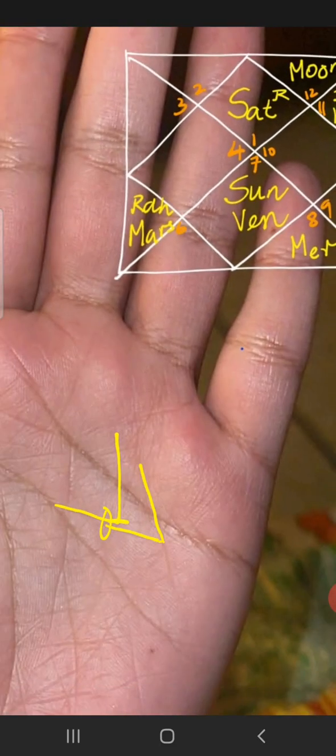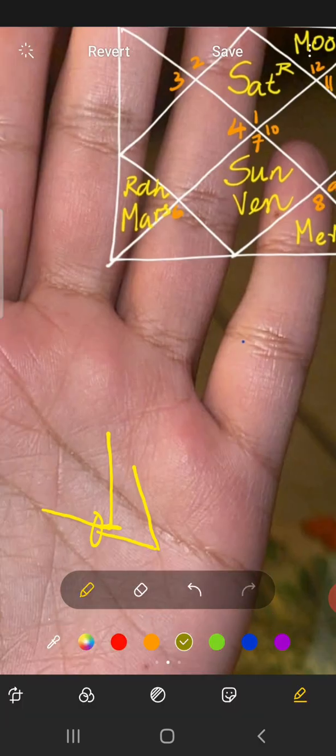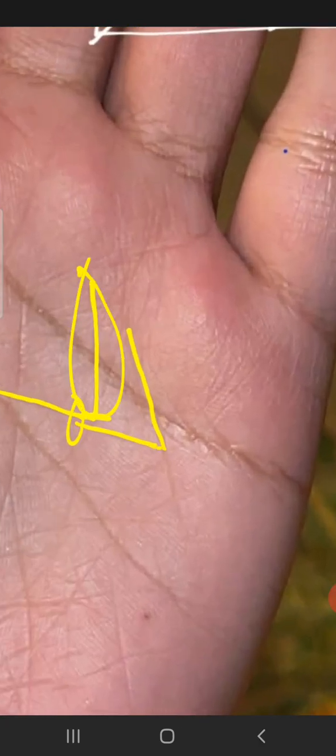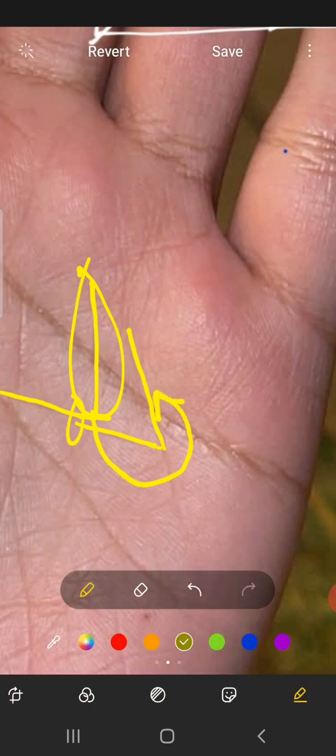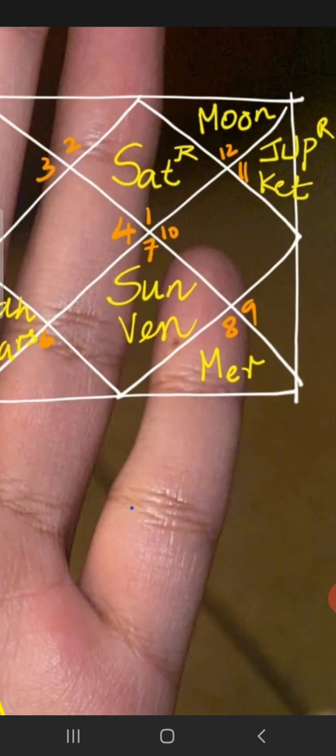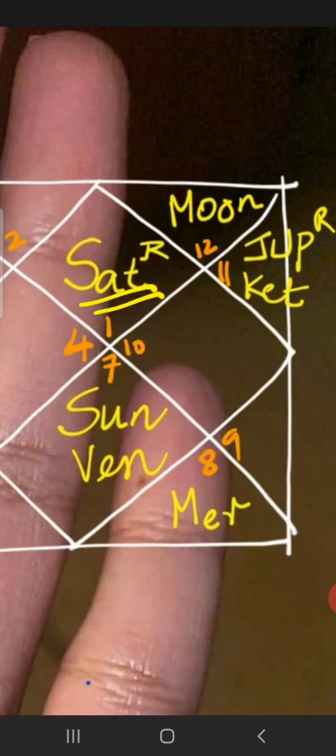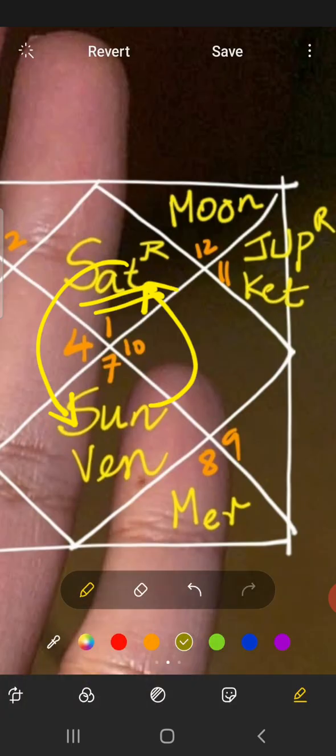Now, this means that the Shani Rekha, which was here, is indirectly getting connected to the Sun. Is that true? Do we see some indications like that in the palm? Definitely yes, because look at this. This Saturn is having a 7th aspect on Sun, or Sun is having a 7th aspect on Saturn, your wish, whichever you want to take.